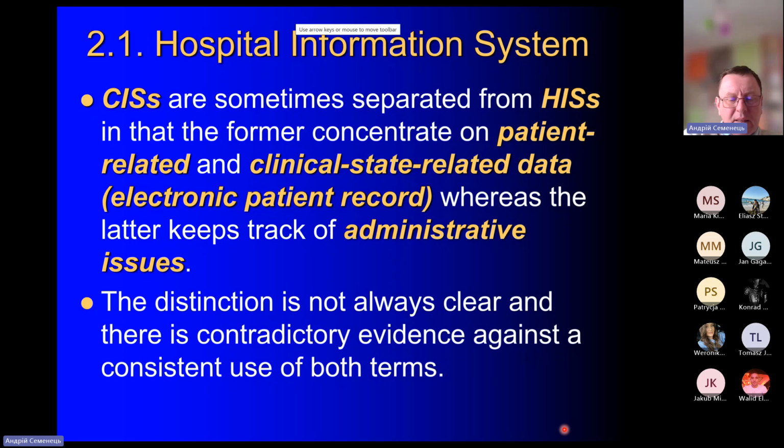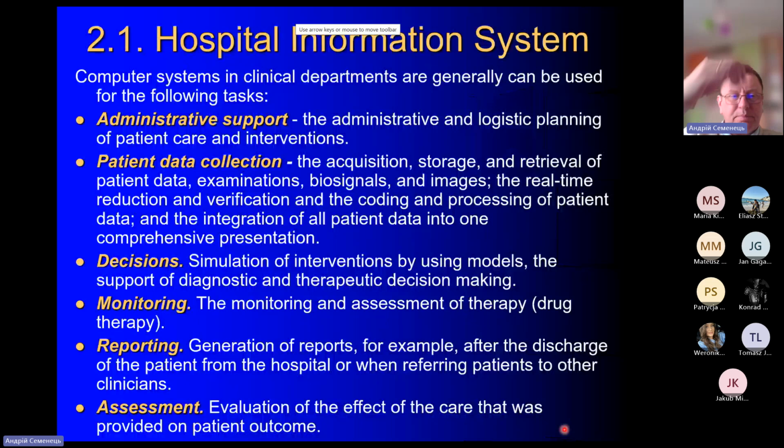But by the current time there is no such strict difference between those systems. Both terms could be used as replacements, and the general term MIS could be used as well.